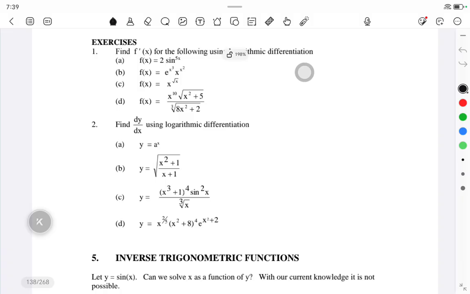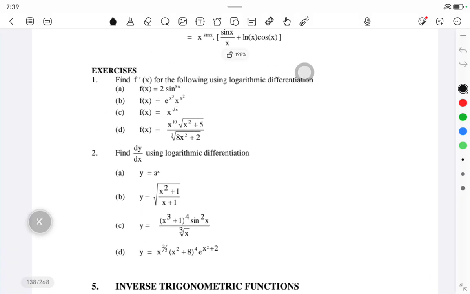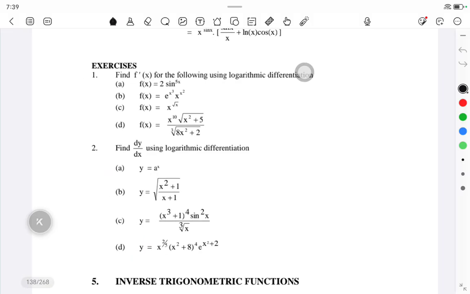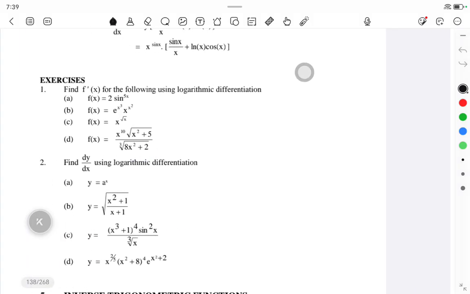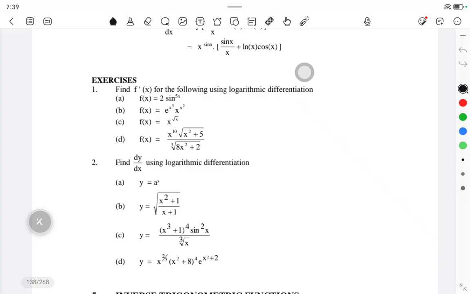So on the tutorial we have this. Number one, I think we can look at this C. They say find f prime of x for the following using logarithmic differentiation.